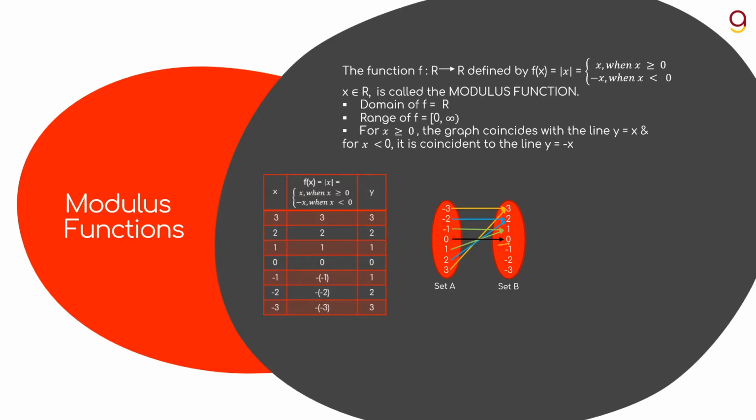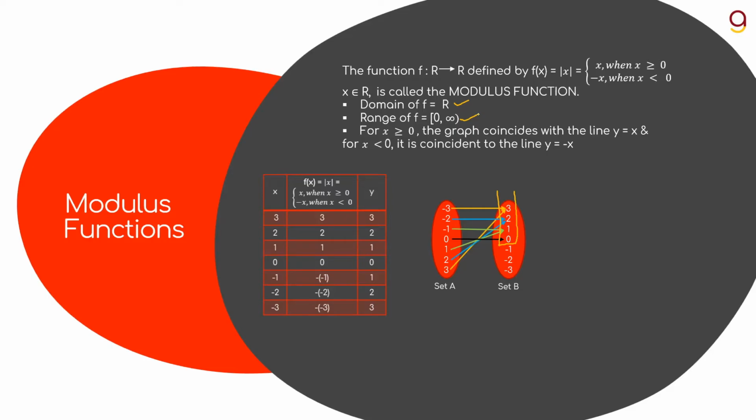It consists of 0 and all the positive numbers. So the domain of the function is the set of real numbers, but the range of the function is 0, including 0, and all the positive numbers.